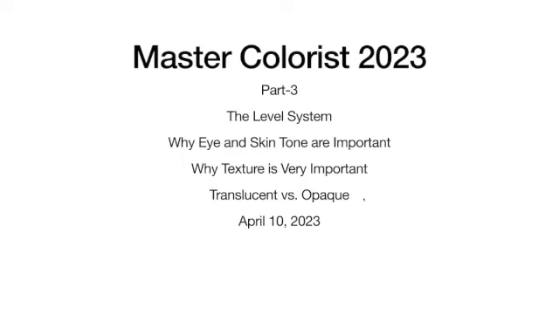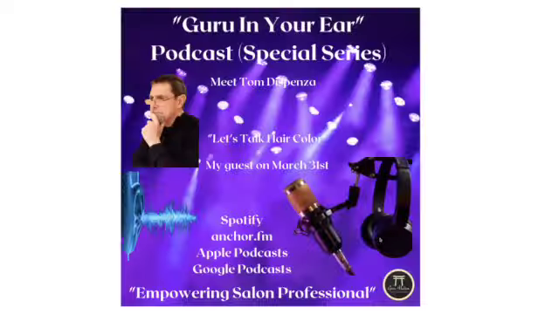Most people don't realize that one color has 4 different versions. That's the difference between translucent versus opaque. I'm talking about one level of color. That's going to be April 10th, and you'll be able to sign up for this tomorrow. I'll put it up on Facebook.